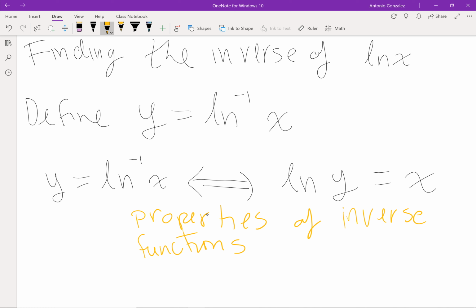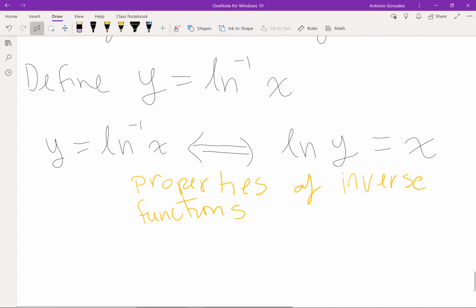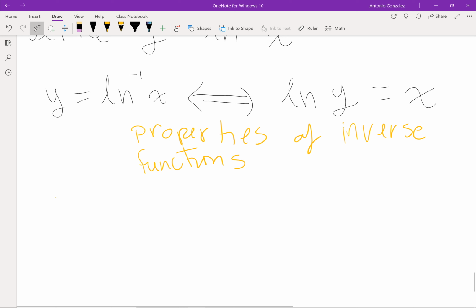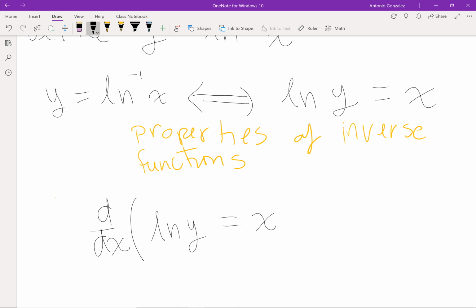So let's use implicit differentiation here, and I'm going to take the derivative of this function.